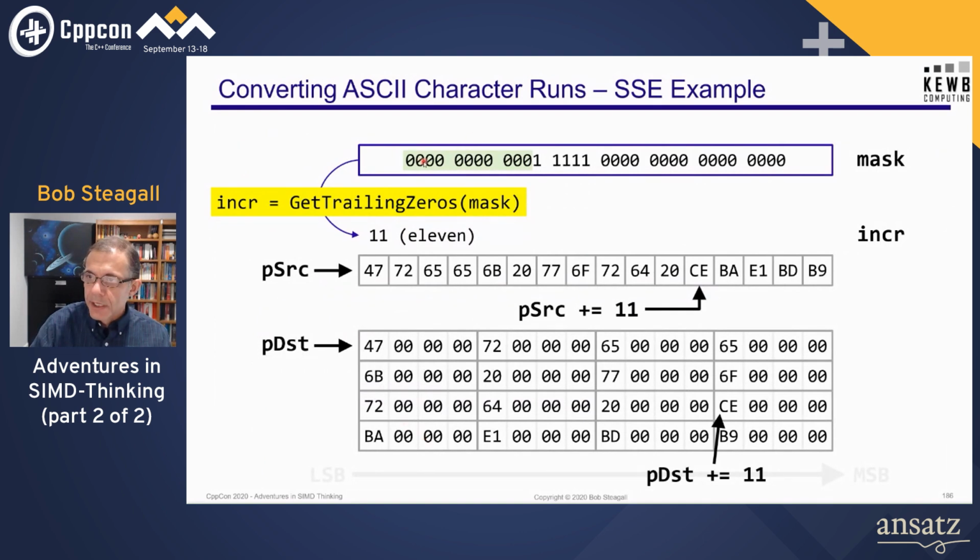So in this case, it's going to count 11 zeros. So this increment value that I mentioned before is 11. That means I can increment my source pointer by 11 to get to the first octet in the next sequence that's not ASCII, and I can add 11 to my destination pointer, so now I'm pointing at the next location in memory to which I will write more code points in the future.